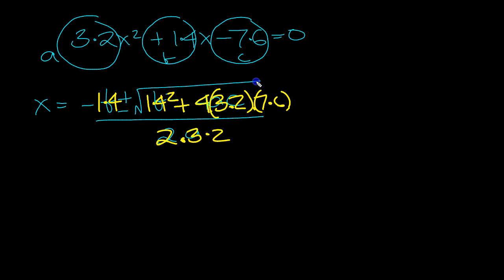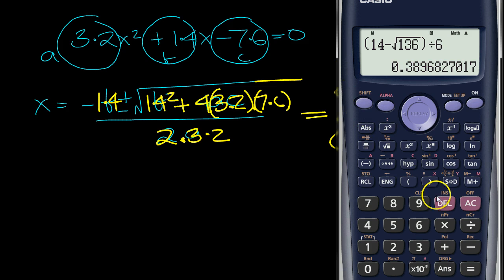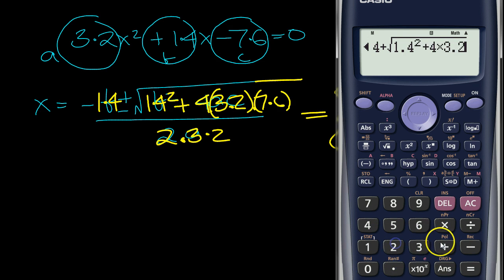Okay, good. That's all square rooted. Equals. So let's tap it in then. On the top, minus 1.4 plus the square root of 1.4 squared plus 4 times 3.2 times 7.6.